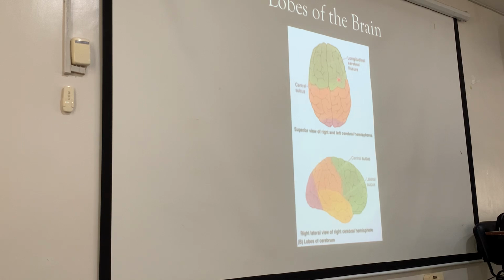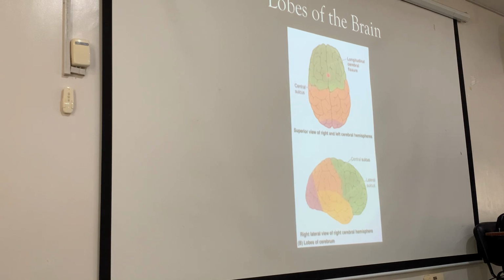But if you superimpose the skull, the coronal suture is somewhere here. That's the coronal suture. So there's a part of the frontal lobe that is posterior to the coronal suture, meaning part of the frontal lobe is underneath the parietal bone already.